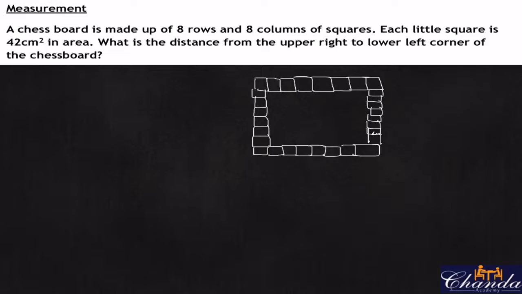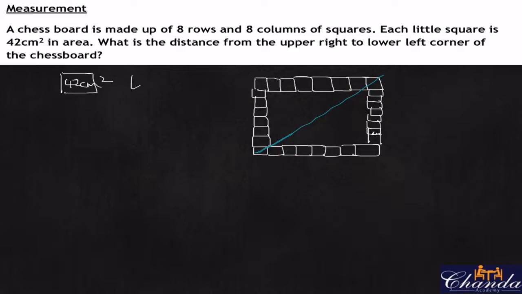Okay, so what this is basically asking us is to figure out this particular length there, from the top right hand corner to the bottom left hand corner of the chessboard. Now, as the question says, each little square has an area of 42 centimeters squared, which is basically length times length.